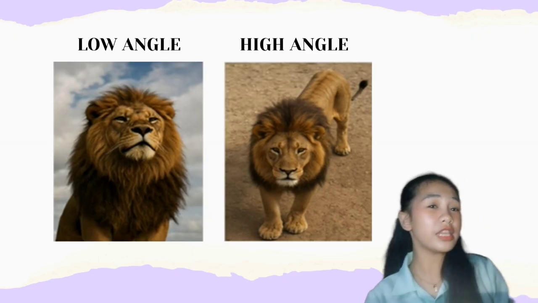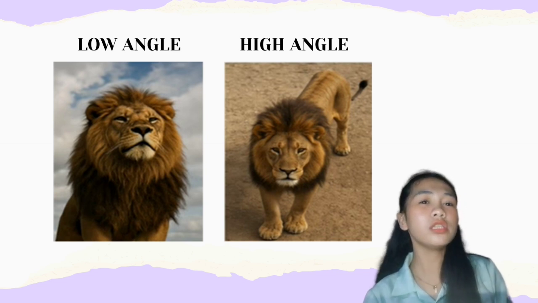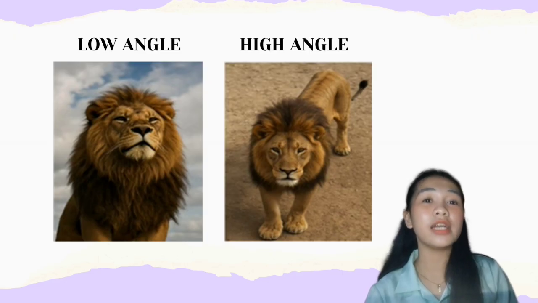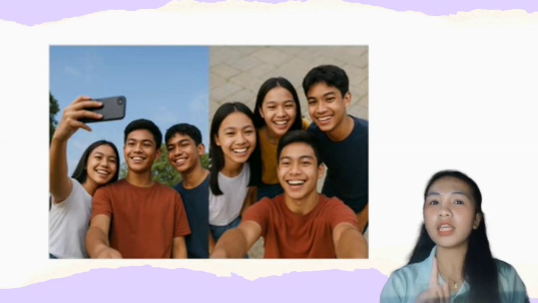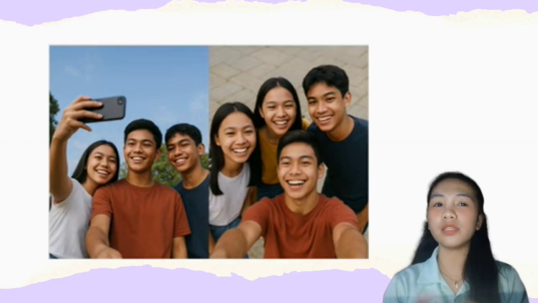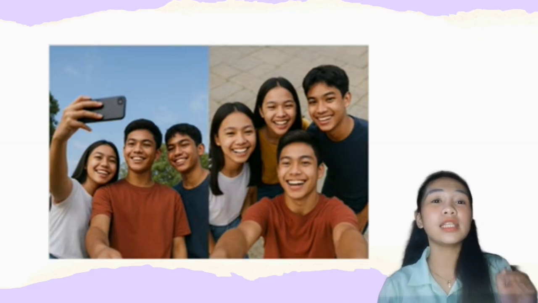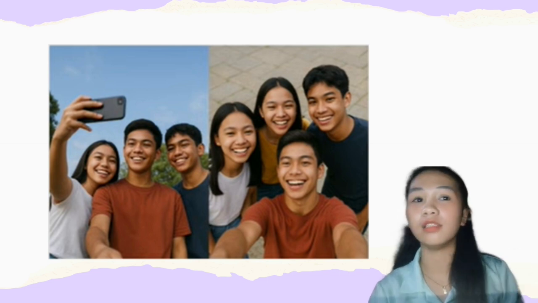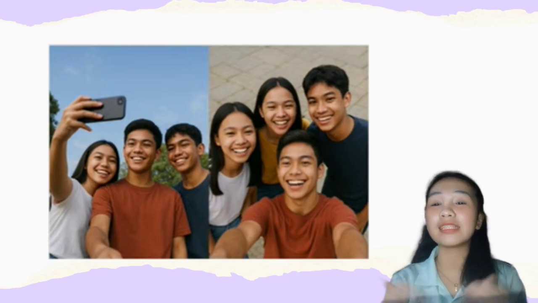On the other hand, in this picture right here, using a high angle, or looking down on a lion, can make it look weaker or less scary. Diba? Do you notice the difference? Just like this example, taking a selfie looks different when it's a top view shot, and it also changes when it is taken at a low angle. And so, viewpoints help us feel a certain way about a subject.